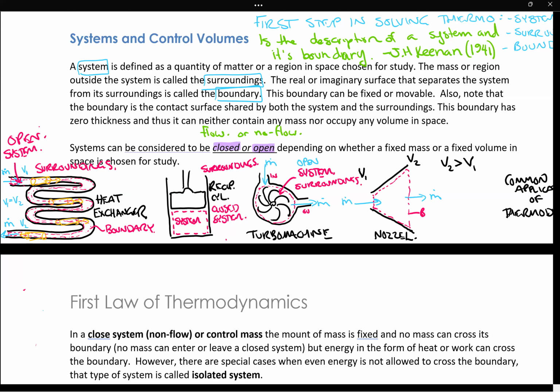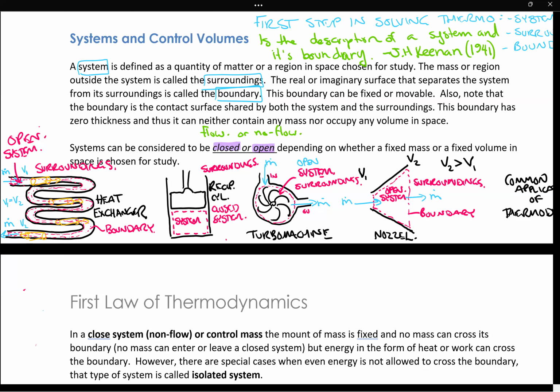This is my boundary. And this is my system. And these are my surroundings. It looks like mass is flowing in from the surroundings into the system, and then mass again is flowing out of the system, doing work on the surroundings. The volume at the outlet is bigger than the volume at the inlet, hence it is a nozzle. And I would call this an open system.